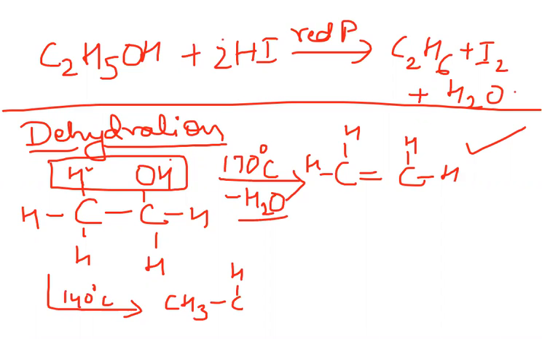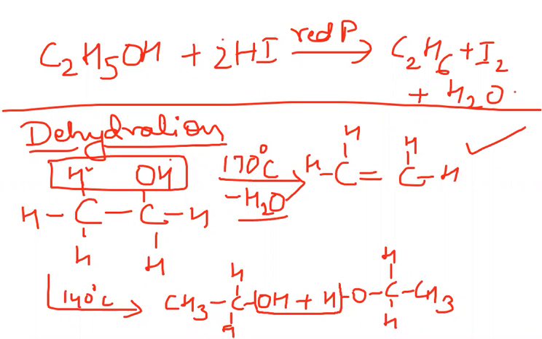CH3CH2OH, and another molecule has its H, O, and then it has an H and an H, and they are both the same molecules. In this case, a water molecule is lost between these two. Actually, it goes through the process of forming a protonated alcohol, and then in the presence of the acid, because all this will always be carried out in the presence of a dehydrating agent, and the dehydrating agent used is concentrated sulfuric acid. So in this case also it is concentrated sulfuric acid.